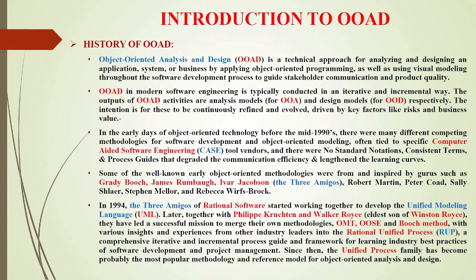This is a comprehensive and iterative, at the same time incremental, process guide and framework for learning industry's best practices in software development and project management. When I talk about the Rational Unified Process, or the unified modeling language, these two together are very important for the development of projects from one level to another level.